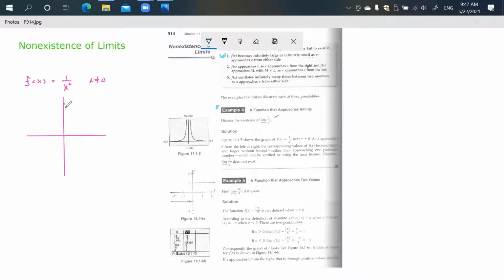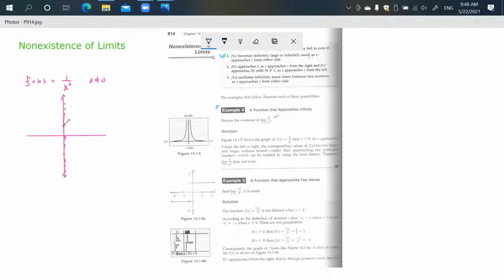So this one, the y-axis, is going to be the vertical asymptote. Everyone recall?